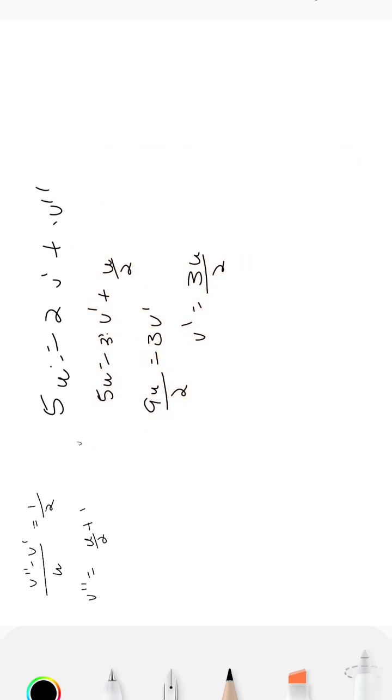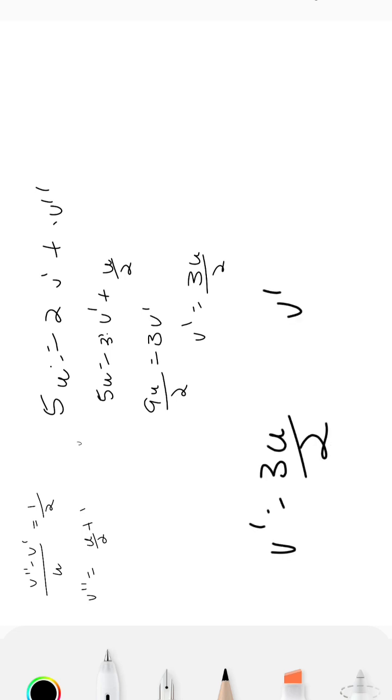If you know that the value of v dash is 3u by 2, you can easily find the value of v double dash, which is going to be u by 2 plus 3u by 2, which is equal to 2u.